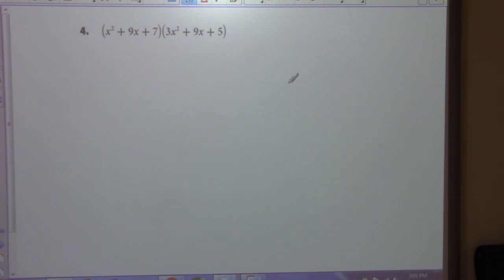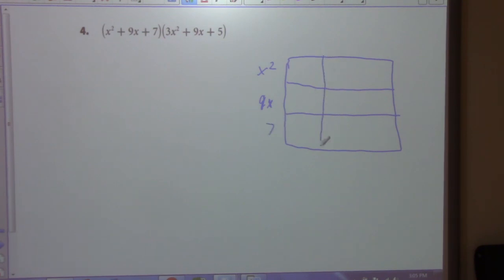Yeah. So I did the waffle, the 3 by 3 waffle. Down the side, x squared, 9x, 7. Let me double check, make sure that is the 7 down here. Okay, and then up at the top I did 3x squared, 9x, and 5.